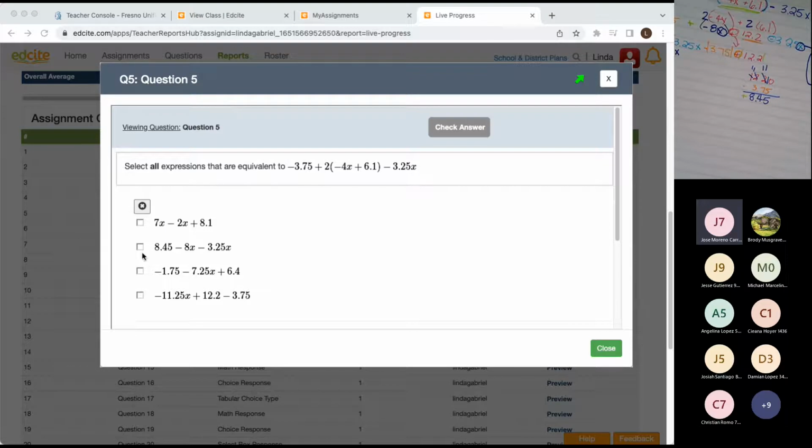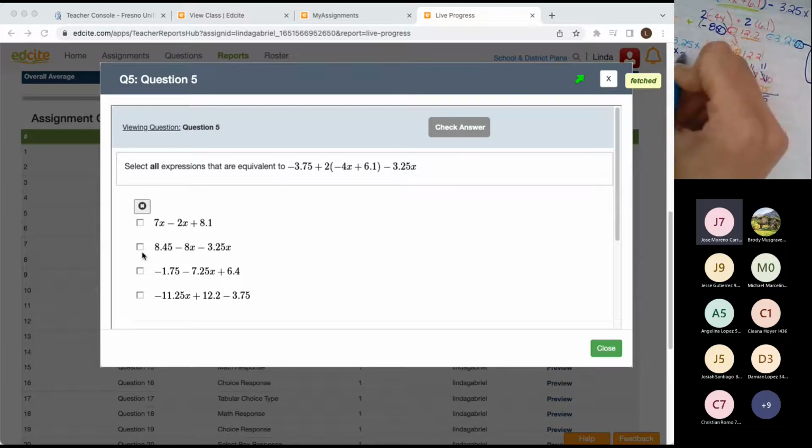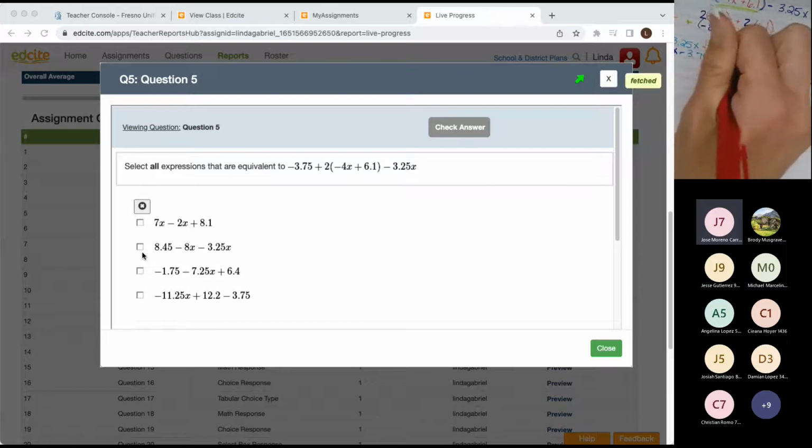So let's see, for my answer choices, I have 7x minus 2x, which can be 5x. So 5x plus 8.1. Is that an option that I have here? Because I have negative 11.25x, and that could be paired with minus 3.75 plus 12.2.